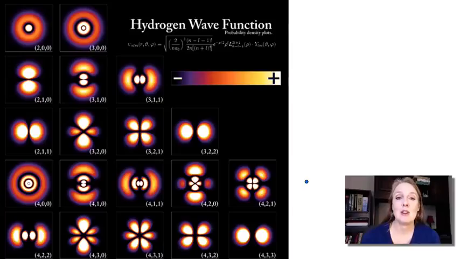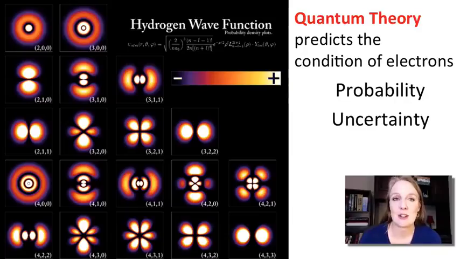If you imagined overlaying all of these different clouds, you would have an idea of what a heavier element might look like. So quantum theory predicts the condition of the electron. There are elements of probability and uncertainty there, and it's a very useful theory for describing some of the experimental evidence that we have, things like the emission spectral lines that we see.